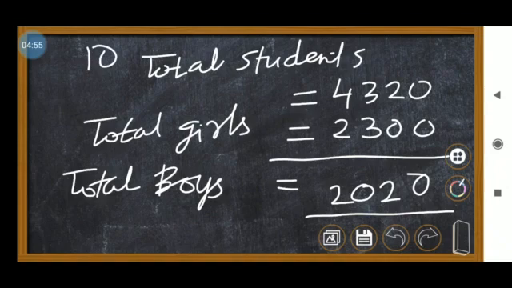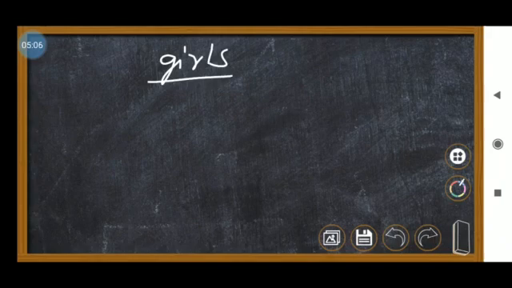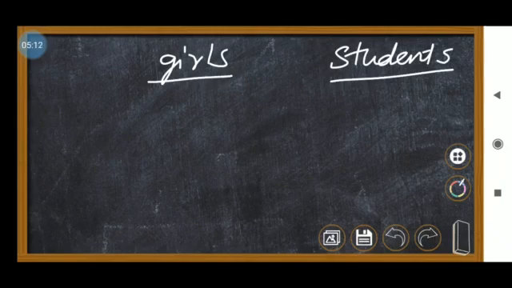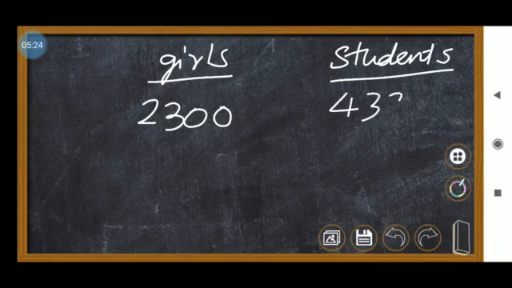Moving to the first question, the number of girls to the number of students. First we write the total number of girls and the total number of students. So what is the ratio between them? Girls is 2300, as given, and total number of students is 4320.